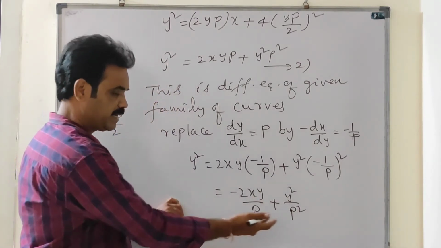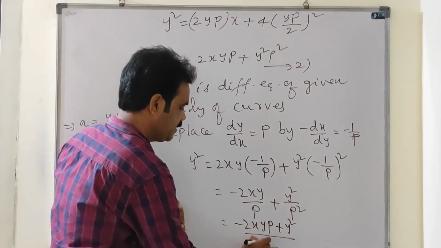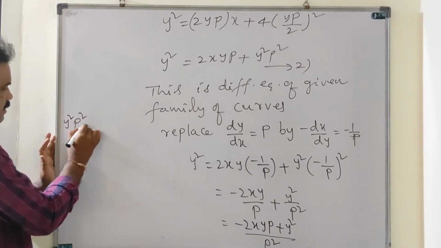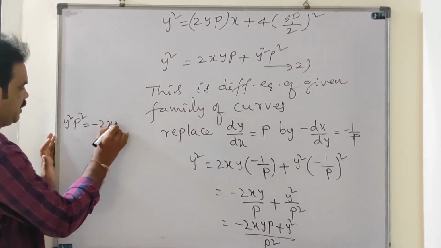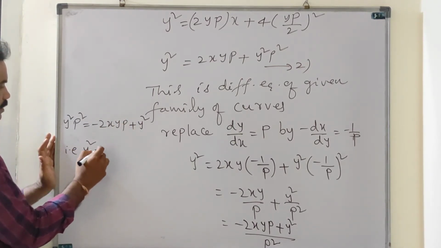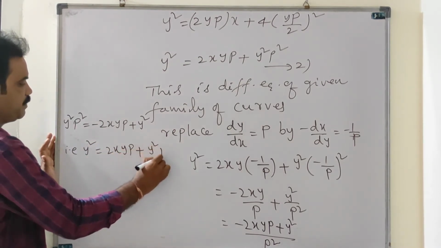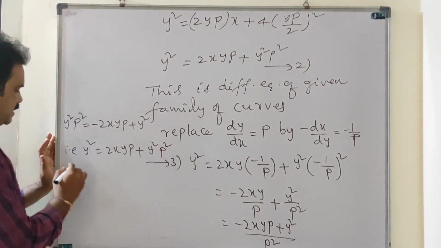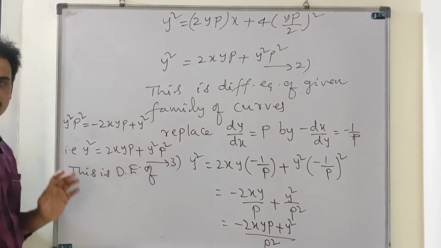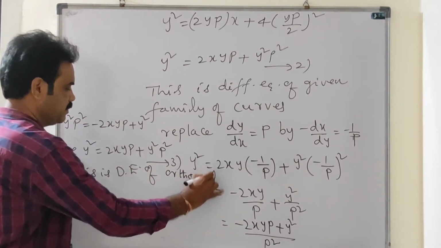Taking LCM, minus 2xyp plus y square by p square. That implies y square p square is equal to minus 2xyp plus y square. That is y square equal to 2xyp plus y square p square. It will be equation 3. This is the differential equation of orthogonal trajectories.